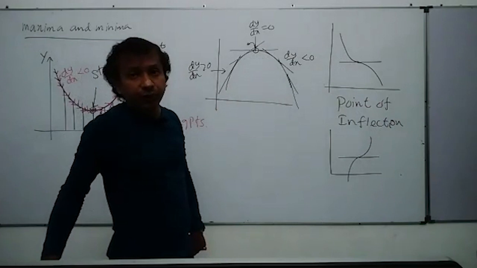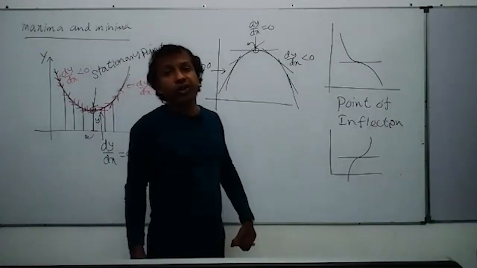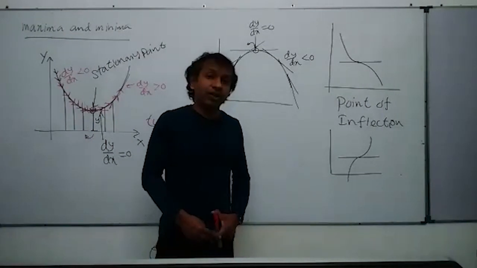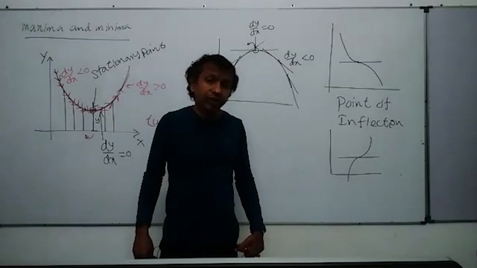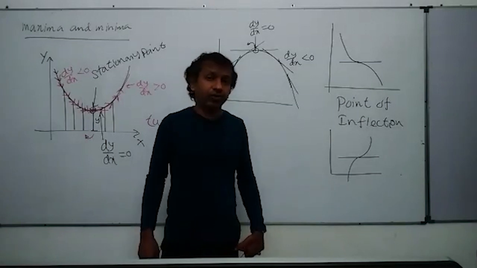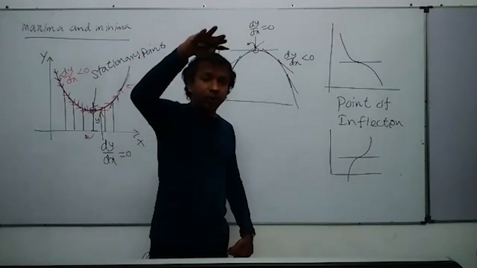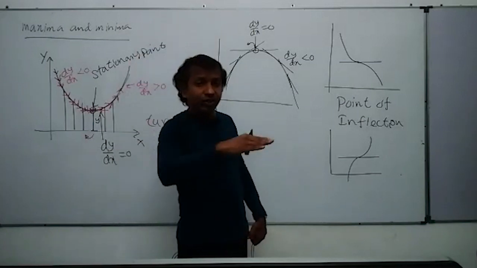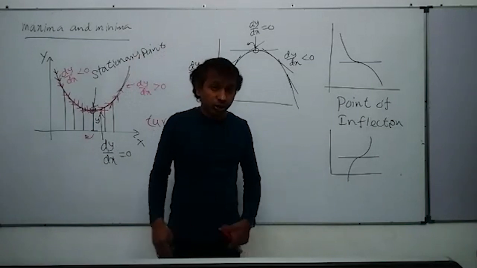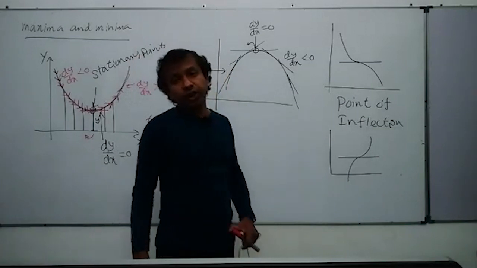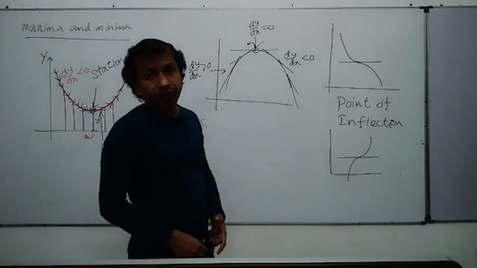Okay, so remember, stationary points mean the points on a graph where dy by dx is 0, the gradient is 0. A stationary point can occur in three ways: at a minimum point, at a maximum point, or at a point of inflection. The stationary points are termed turning points. Okay, right.